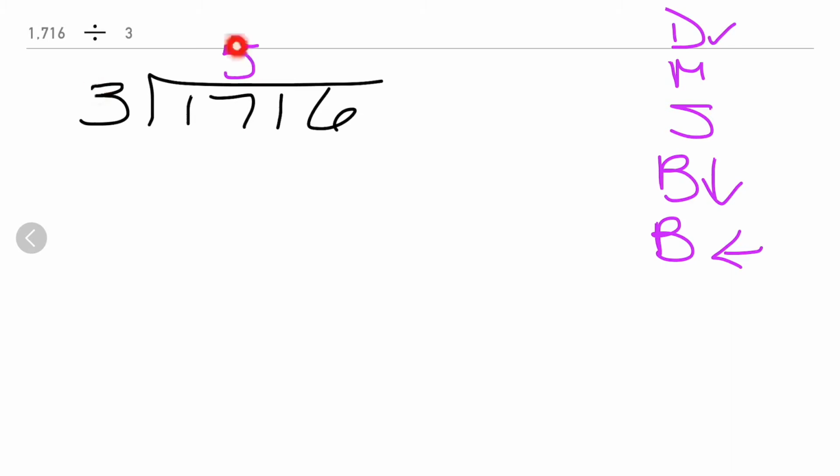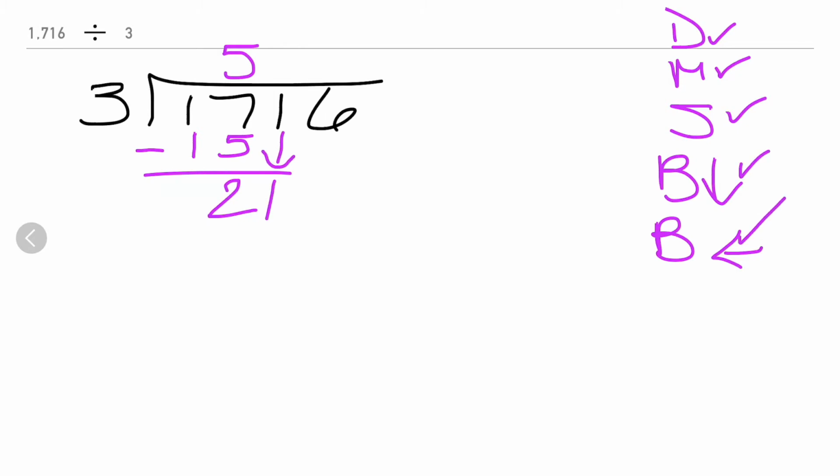I know this because 3 times 5 is 15, which gets me closest to 17, because 3 times 6 would get me over 17. Remember, next is multiply. 3 times 5. That's right, 15. And subtract. Good, 2. Bring it on down and bring it on back.